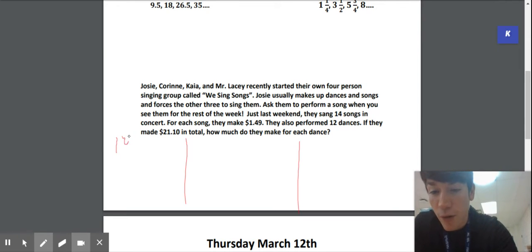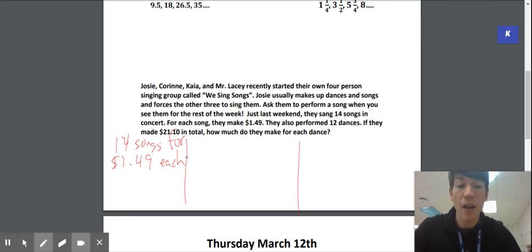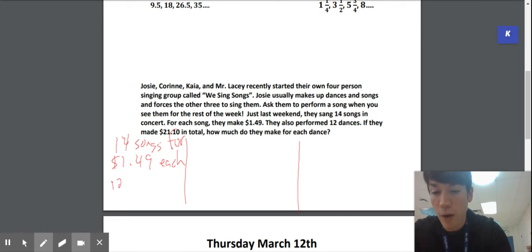So they sang 14 songs for $1.49 each. I mean, that's how much they charge: $1.49 for each of those 14 songs. They also performed 12 dances.